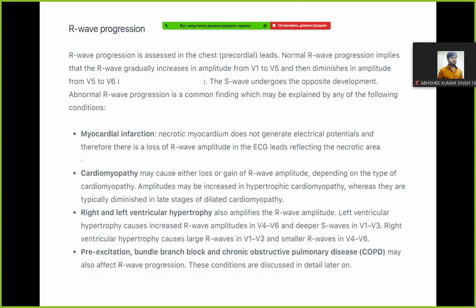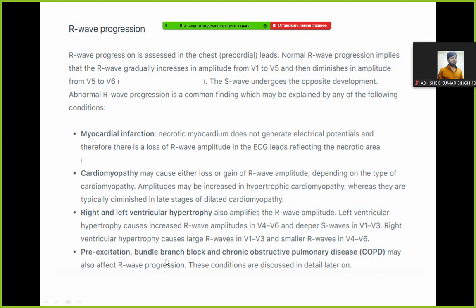Right and left ventricle hypertrophy also alter the R wave amplitude. Left ventricle hypertrophy causes increased R wave amplitudes in V4 to V6 and deeper S waves in V1 to V3. Right ventricle hypertrophy causes large R waves in V1 to V3 and small R waves in V4 to V6.